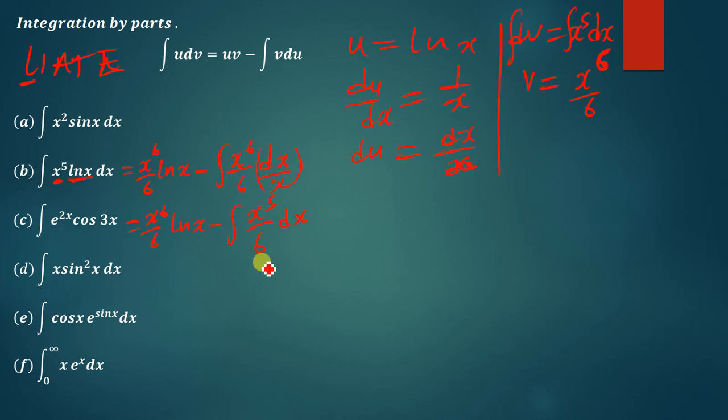So integrating this part, this will be x to the power 6 over 6 ln x, then minus, integrating this part, I'm going to get x to the power 6, but of course 6 times 6, I'm getting 36 down, then plus c. So this is the final answer for this integral. Let's quickly move on to the next one.